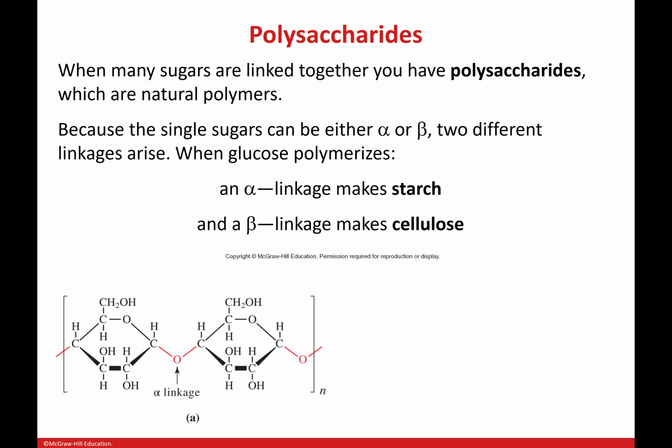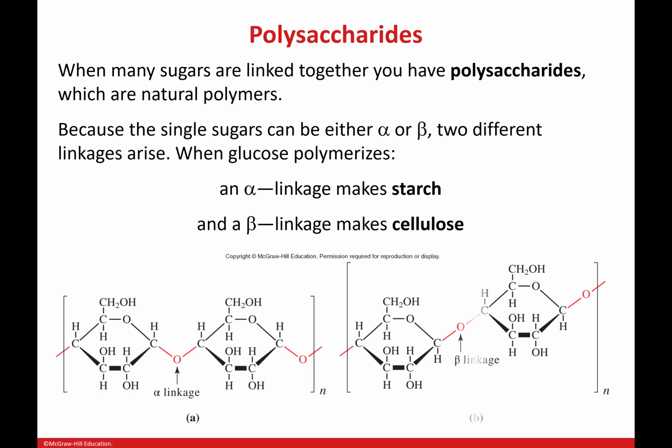You can put starch for A. And here we have a beta linkage. So that would be cellulose. But they have the same repeating unit, which is a glucose unit. That is so cool. So they're all glucose units, but this is starch. And this is cellulose.